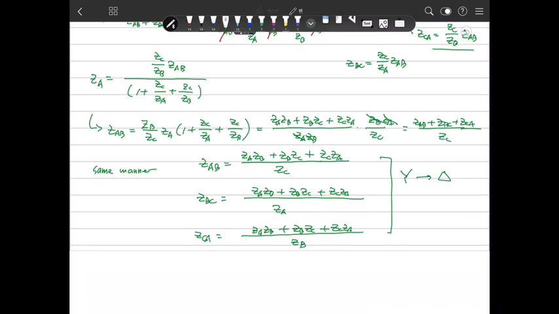If balanced values, then GAB, A, B, C are the same things. So this is 3GY squared over GY. Therefore, G delta is 3GY.